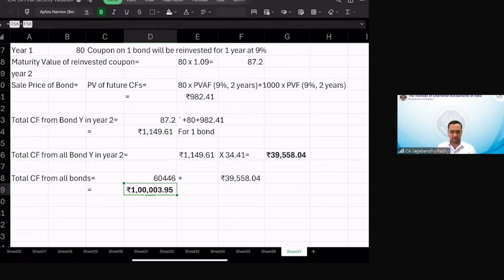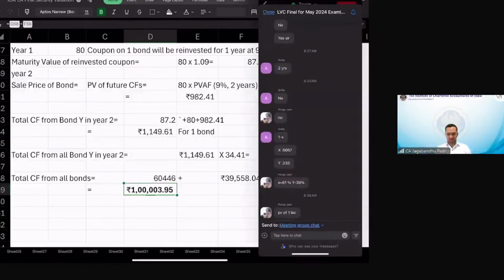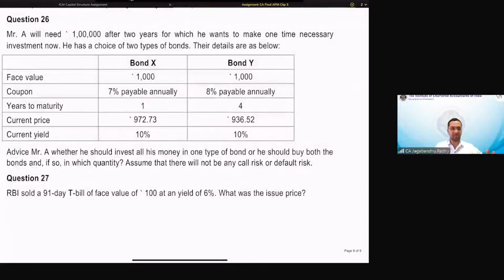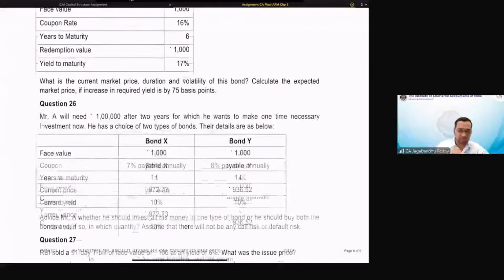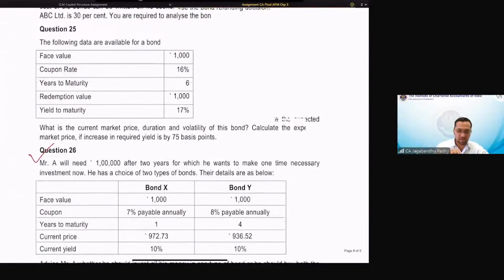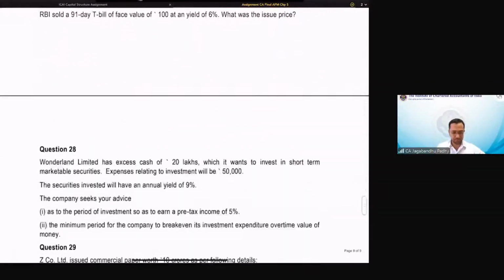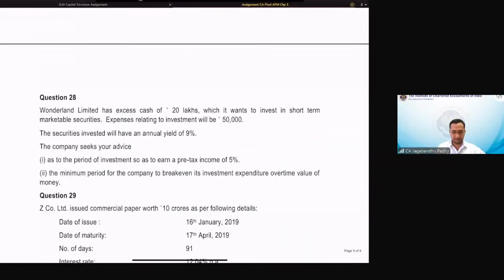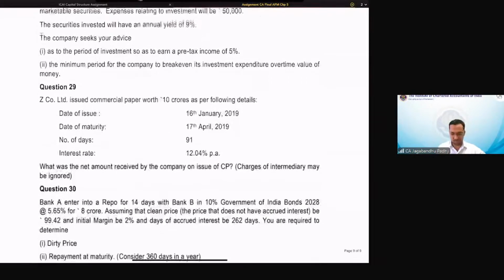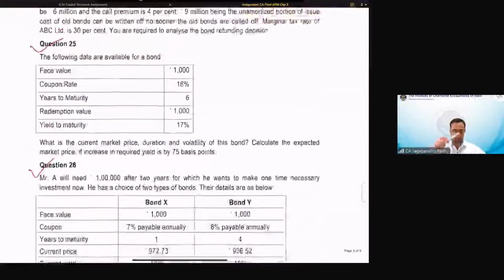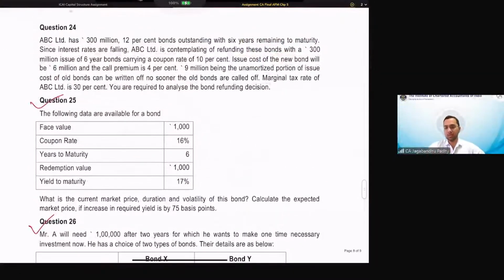Okay, so that is about the bond immunization. I hope I have done justice by making you understand this concept to the best possible level, to whichever extent I can. Yes. Okay. Fine.